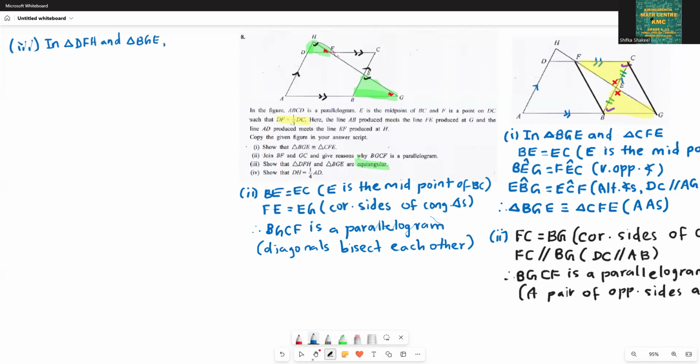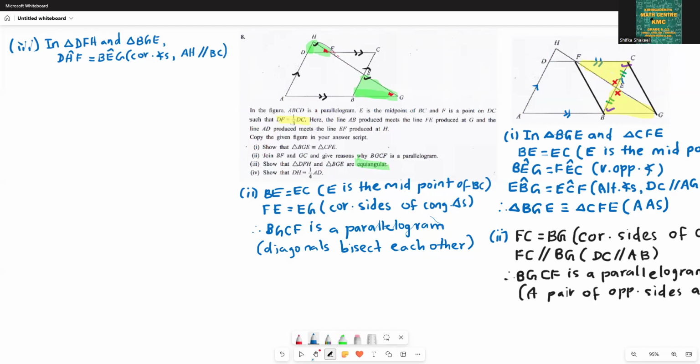In these two triangles, we write angle DHF is equal to angle BEG. DHF and BEG, which I have marked in black, are equal because they are corresponding angles. Why are corresponding angles equal? Because of parallel lines. AH is parallel to BC. In a parallelogram, opposite sides are parallel.